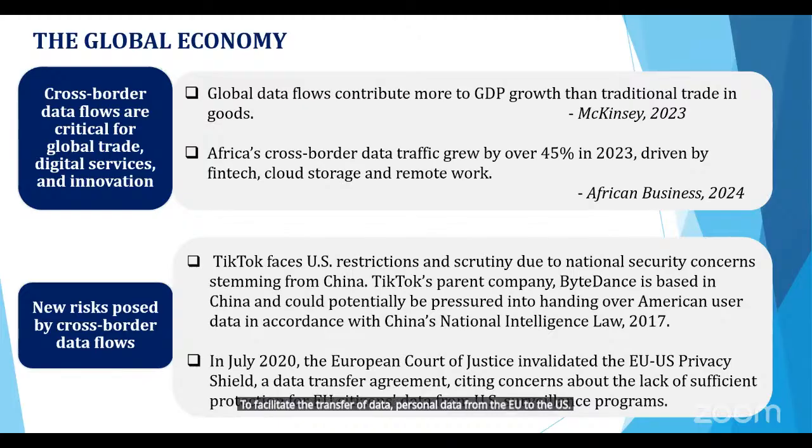Under this agreement, US entities had a self-certification mechanism, so there was not a lot of oversight on how they would be monitored centrally. The concerns arose from US surveillance programs backed by US laws that were exposing data of EU citizens. So as of 2020, the ECJ invalidated that agreement.